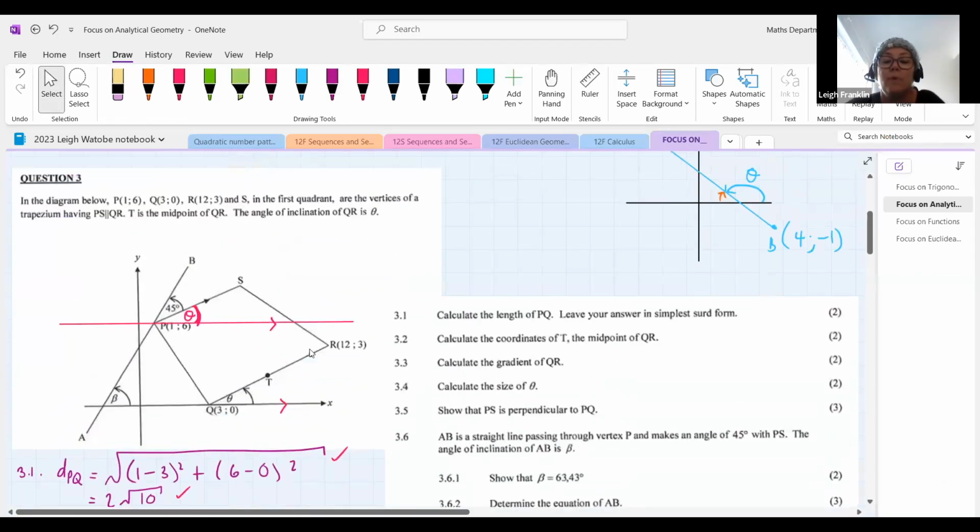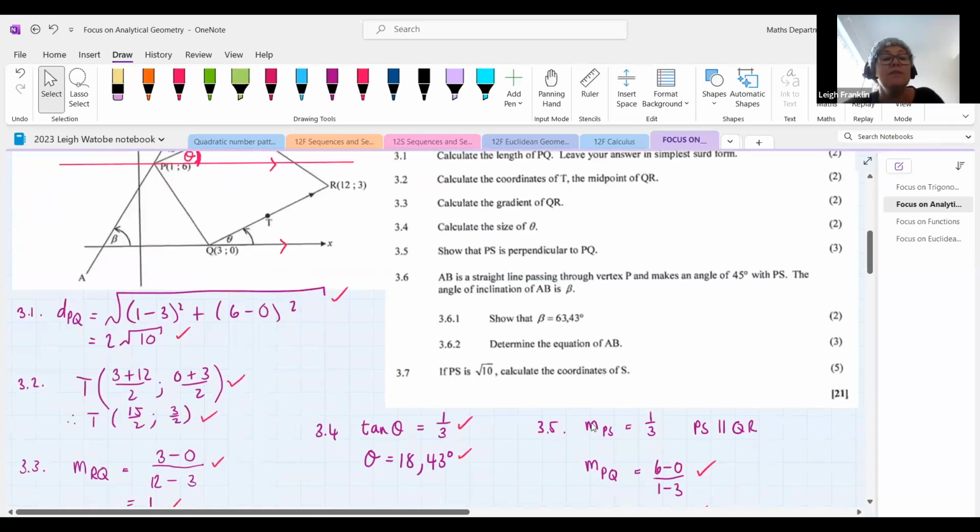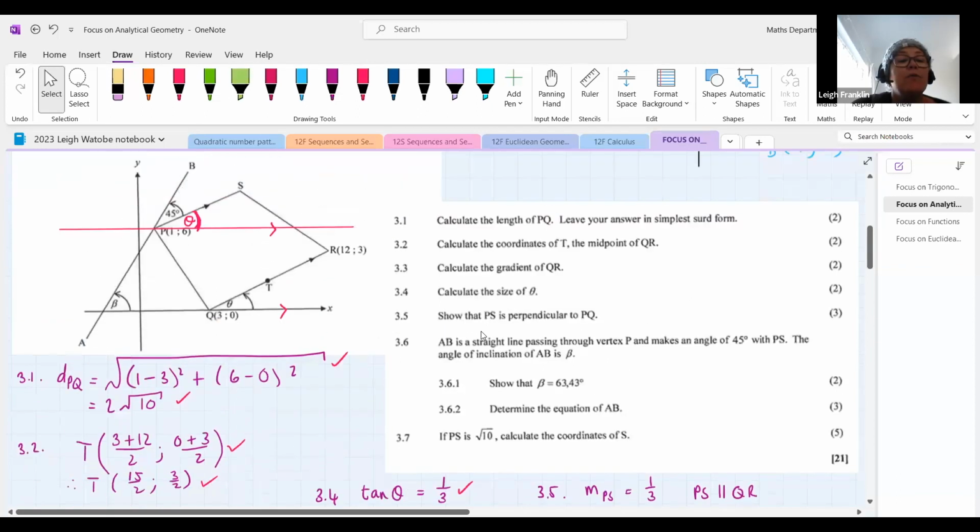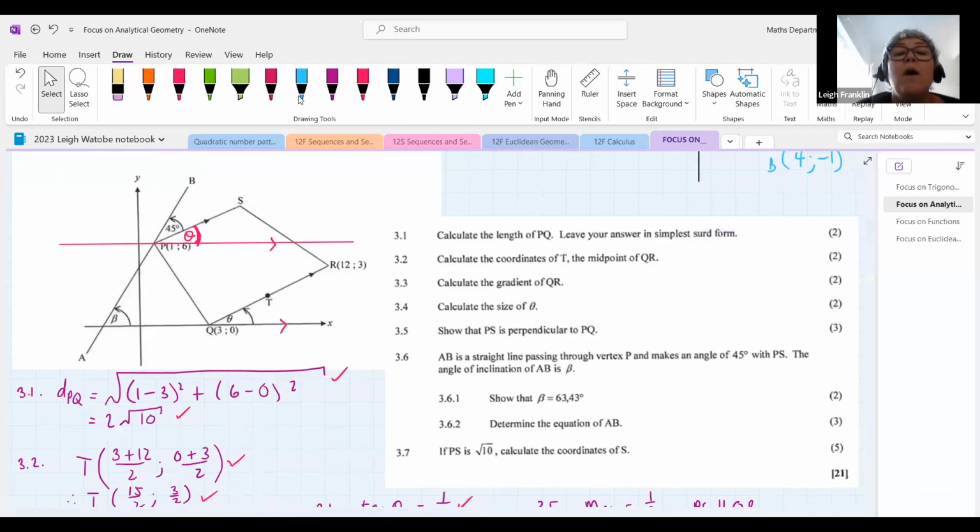All right, so that's a bit of a strange question, not something that we see very often. And of course, what I haven't mentioned, and I should go back to my answer and do that, is that this angle over here, the 45 plus theta, is going to correspond with angle beta over there as well.